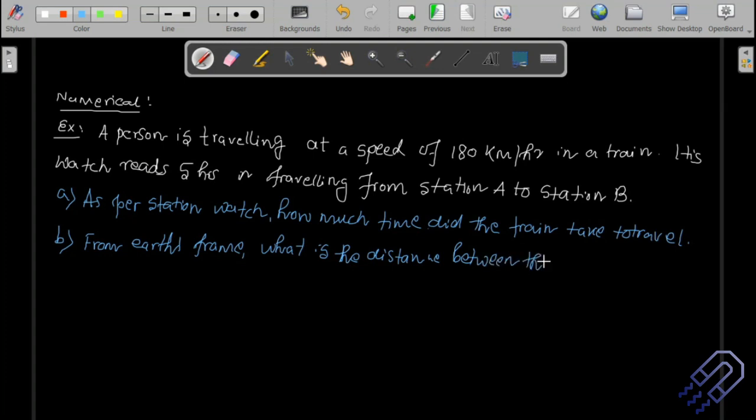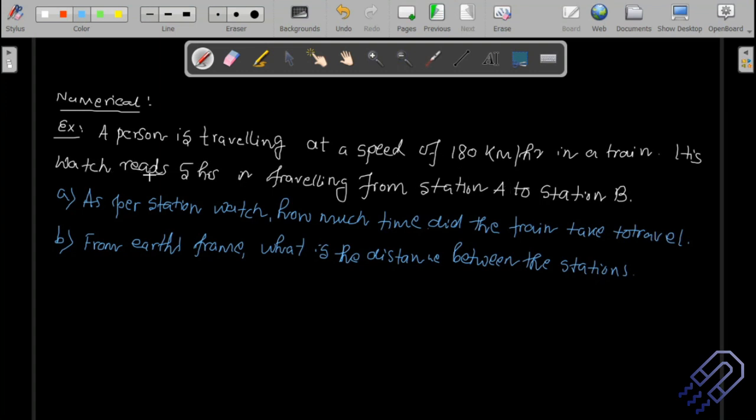Why is this question interesting? Because this is going to tell me that in real life we really don't realize time dilation happening, because it is very insignificant because of the speed. So you have to do this calculation.